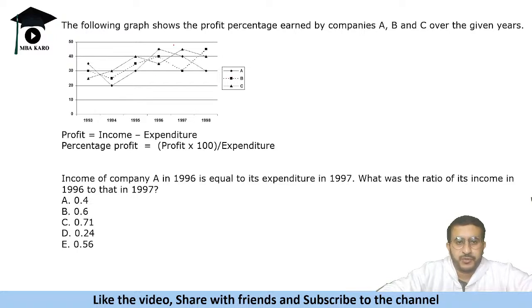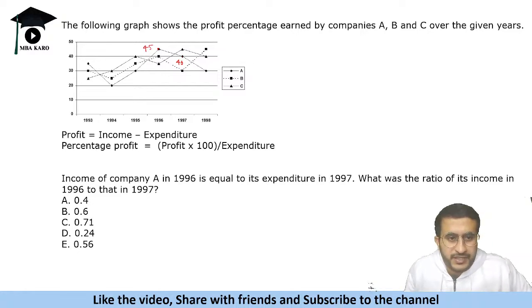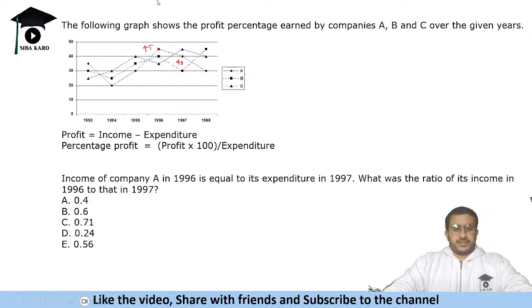So we are talking about company A. This is 45% and this is 40%. So income in 96 is expenditure in 1997.